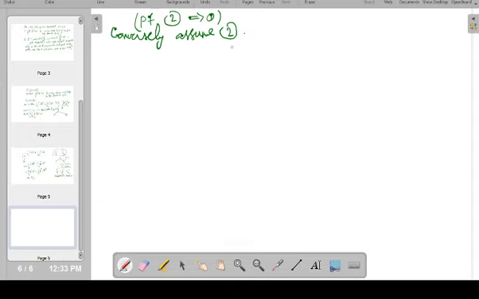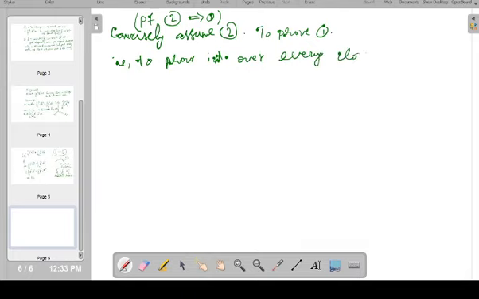Oh, sorry. What is 2? F is path independent. Work done is path independent. I have to show the integral over every closed curve is equal to 0. That is to prove the integral over every closed curve is equal to 0.